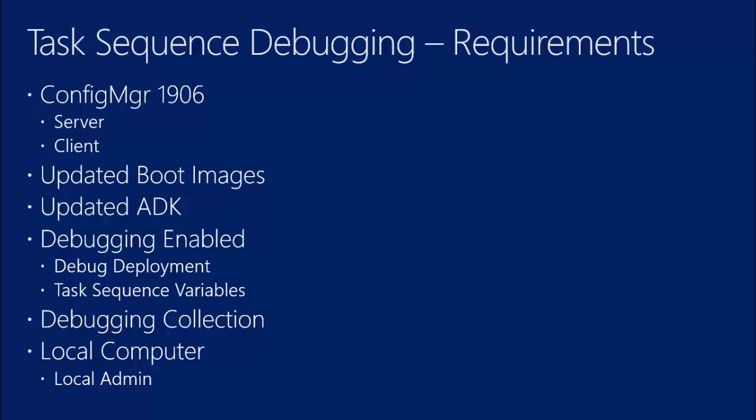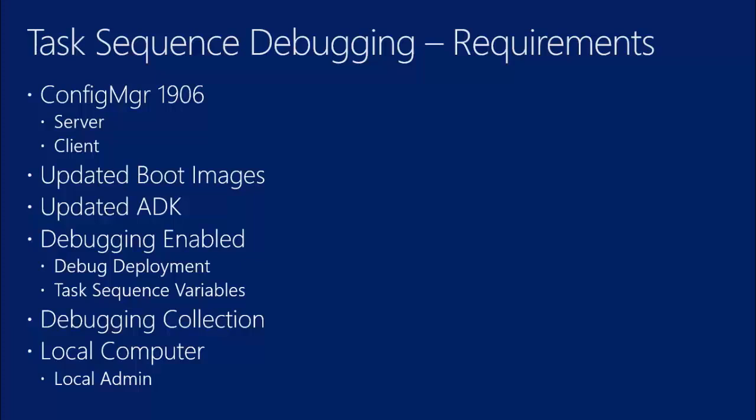There are a number of places that you can apply task sequence variables: collections, machines. If you put those task sequence variables on either a collection or machine, then debugging will happen when the task sequence runs. But there are other places that you might think about applying these task sequence variables, such as inside the task sequence itself.